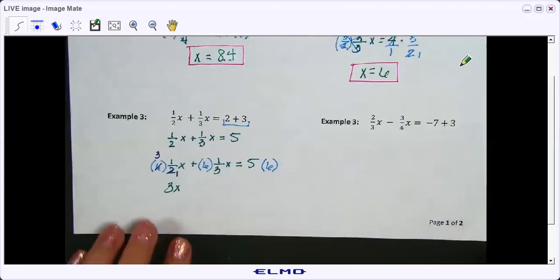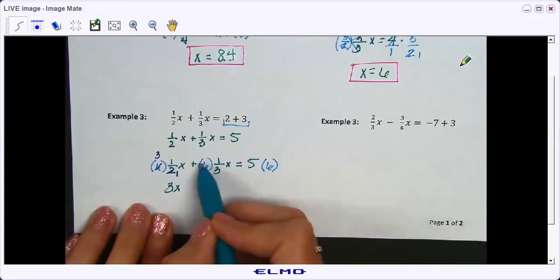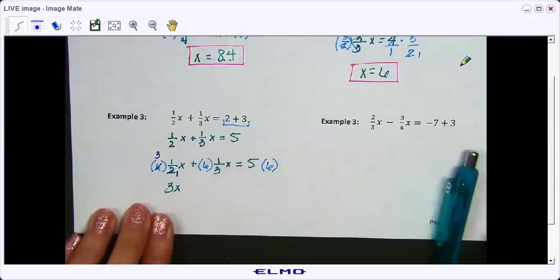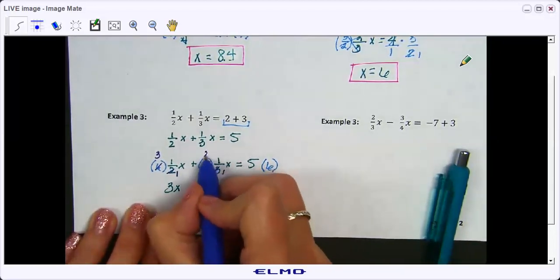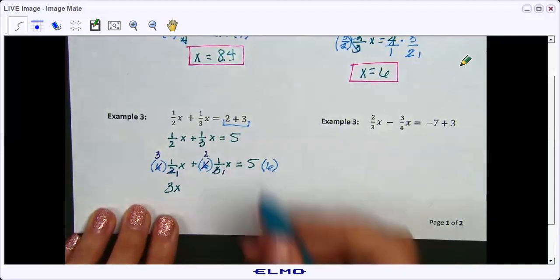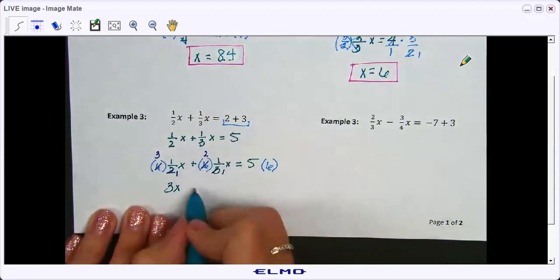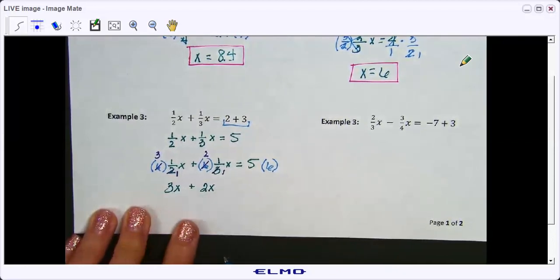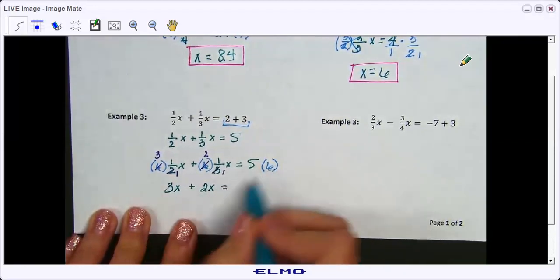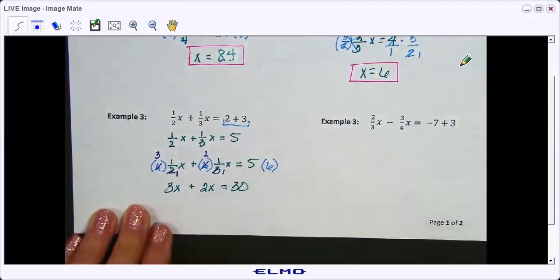All right, so now I'm going to cross simplify here, 3 and 6. 3 divided by 3 is 1. 6 divided by 3 is 2. So now our 1/3 x after multiplying it by 6 becomes 2x. And then our 5 times 6 becomes 30.